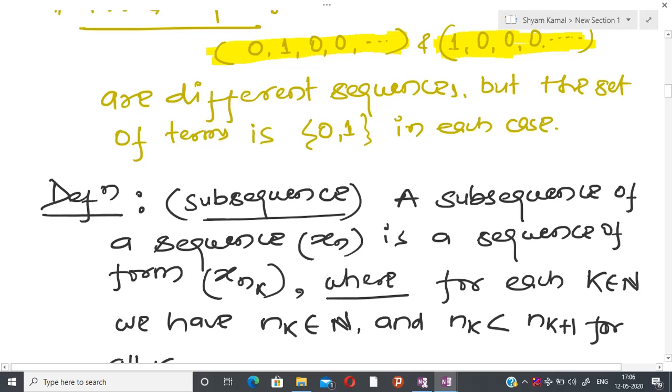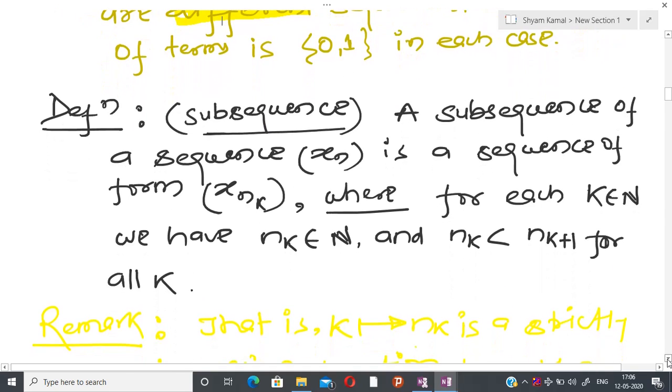So these two are totally different sequences. From the set point of view both are equal, but from the sequence point of view they are not equal.